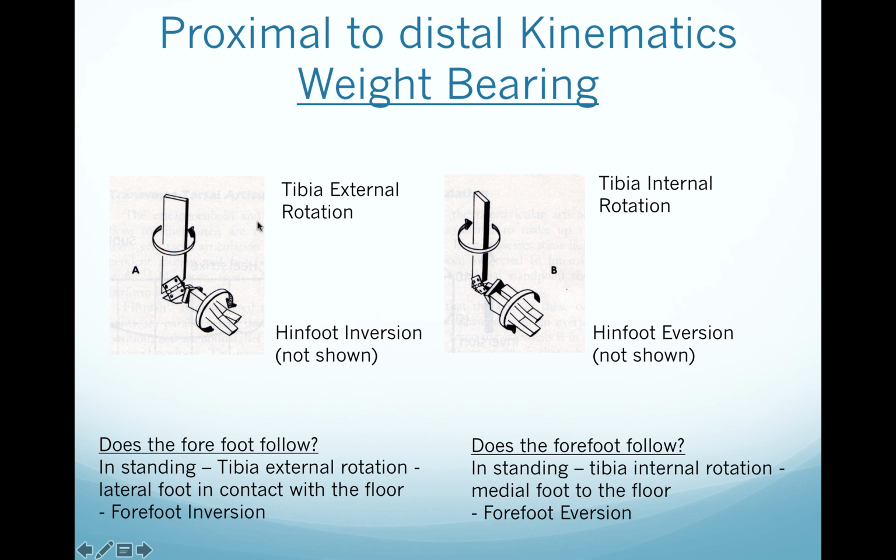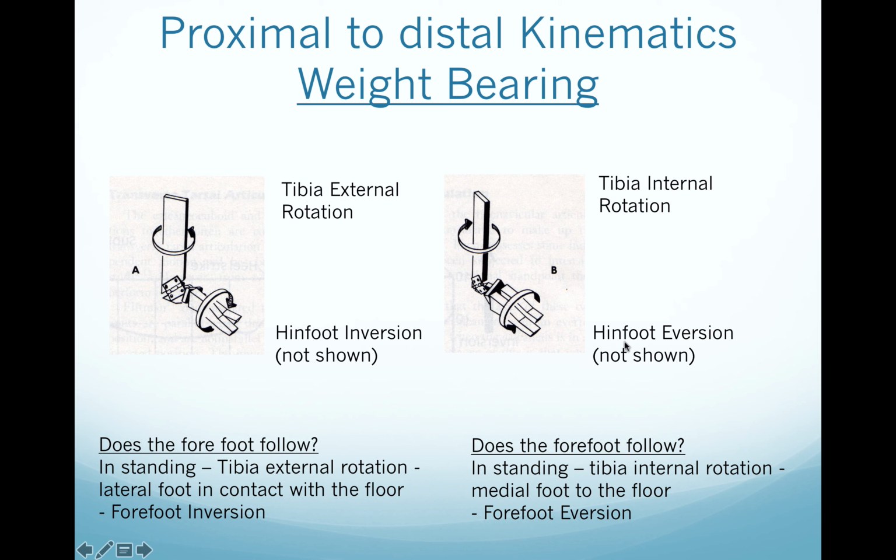So here we're going to explore the relationship between tibial rotation, subtalar motion, and then allude to the forefoot motion that might occur. So on your left, you see tibial external rotation shown on this diagram. And this is coupled to hindfoot or subtalar inversion. We look at tibial internal rotation.